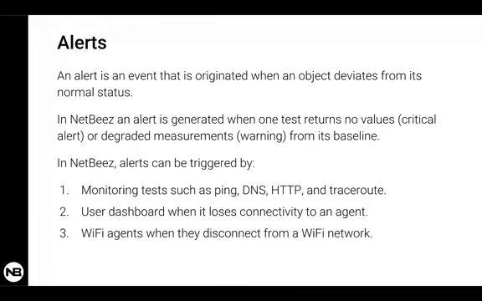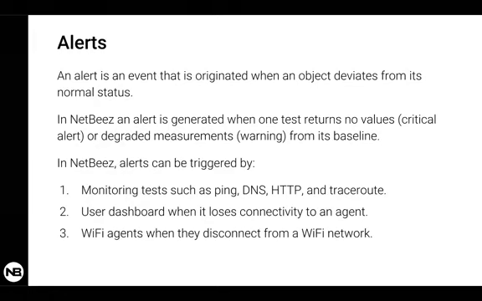We have three different types of alerts in NetBeez. The most common is monitoring tests like ping, DNS, HTTP, and traceroute. They can generate alerts, and we'll see shortly more about this.